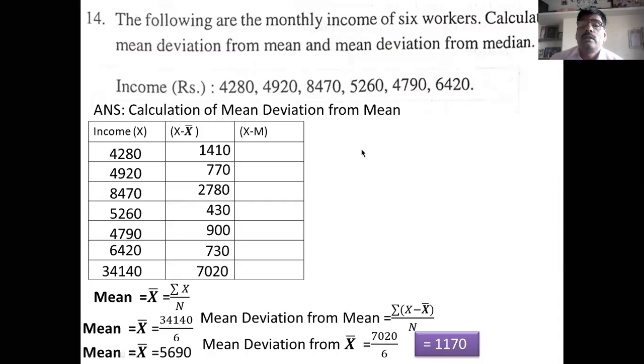Now we calculate mean deviation from median. First you calculate the median. For calculation of mean deviation or quartile deviation, first you have to calculate the required quartiles for quartile deviation, mean for mean deviation. So the second question is regarding calculation of mean deviation from median.